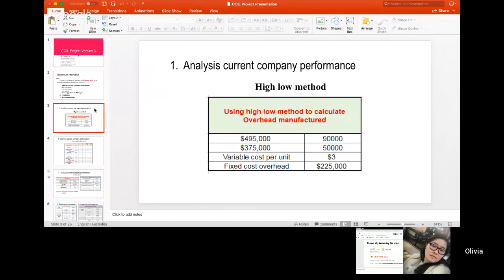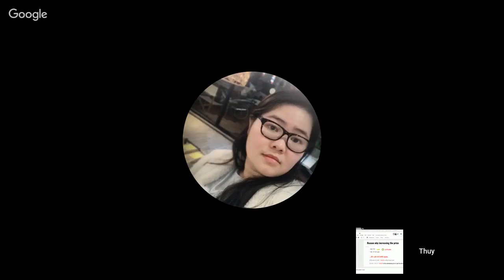Finally, we apply the cost equation to calculate the fixed cost, which is 225,000 for the fixed cost overhead. Then we move to the next slide to show the classification of cost.